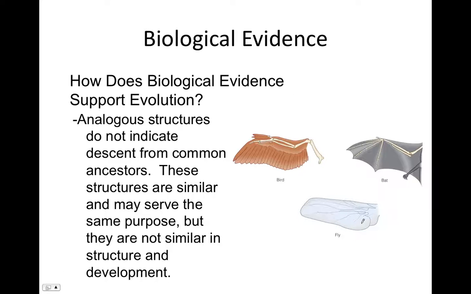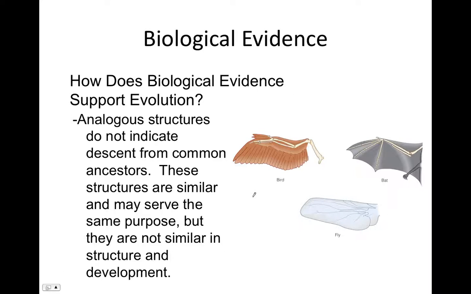But these structures are not structured the same, right? The bird developed the ability to fly by evolving feathers that grow from the wings, where the bat has skin in between long digits, and the fly doesn't have a skeletal structure at all to form its wings.